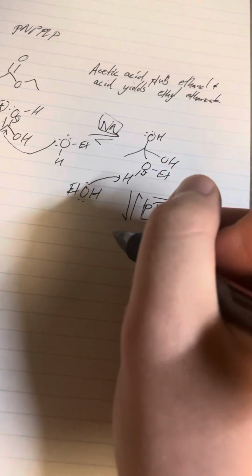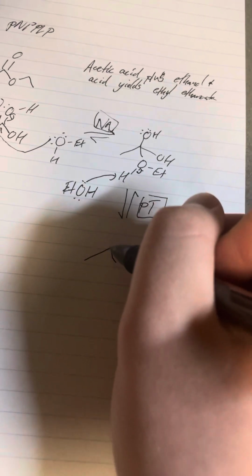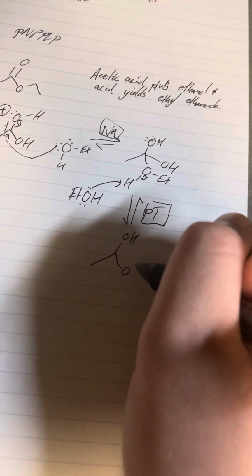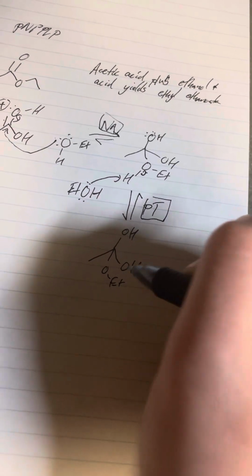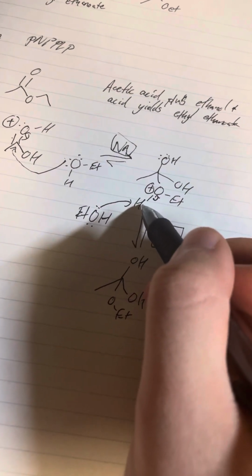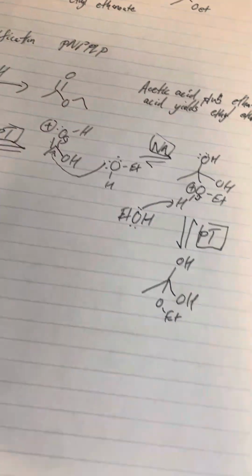However, now this results in this being transformed into this molecule here, where you have two OHs and an OEt. And then technically speaking here, this oxygen is positive, but now it loses a proton and gains that, so now it's a neutral oxygen.